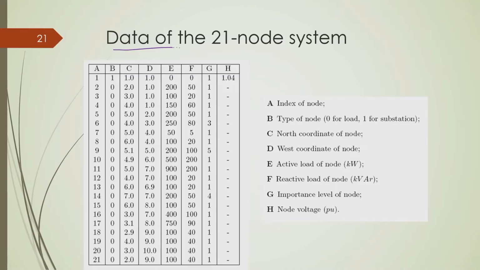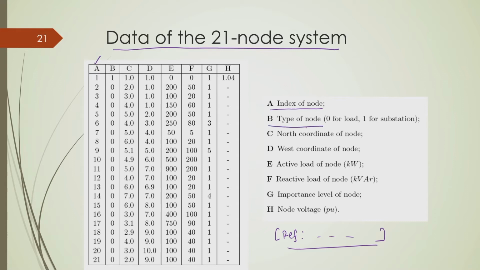Now, these are the data of this 21 node system. I will give the reference from where we get this data. Okay. In my list of references, you can find from where we get this data. So, here you can see in this table we have some columns. Column A represents the index of nodes, node 1, node 2, node 3 up to node 21.